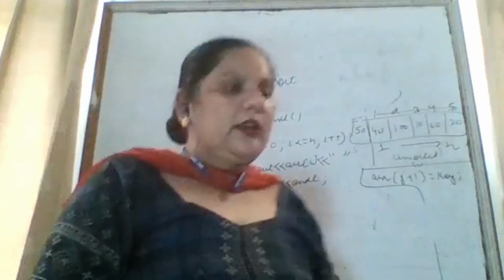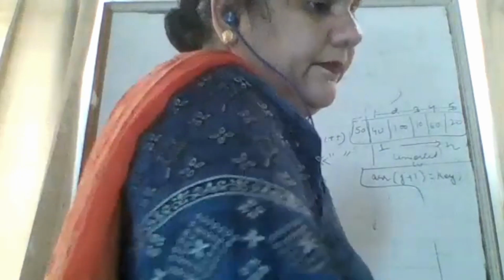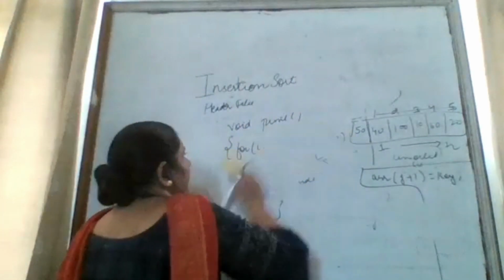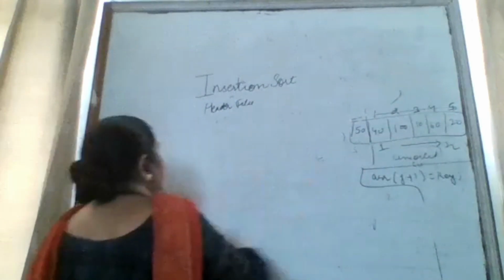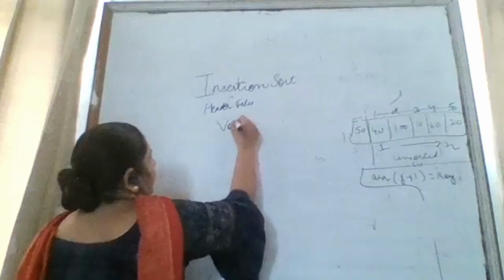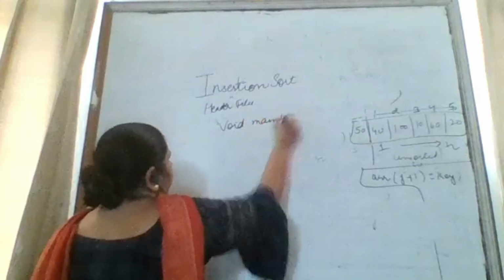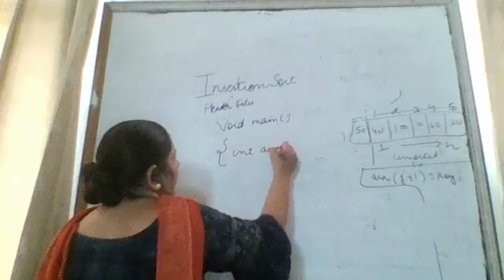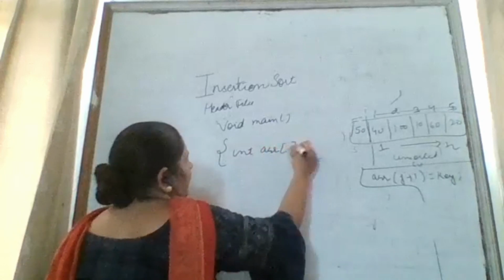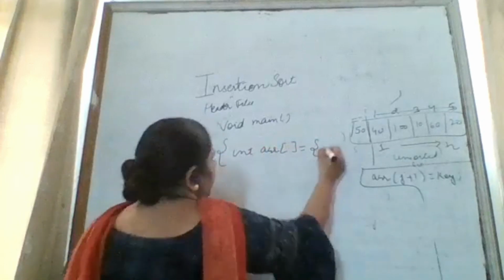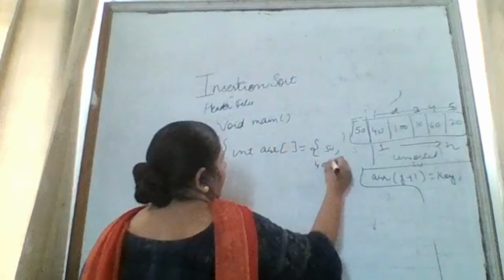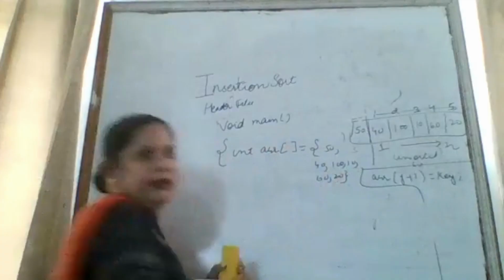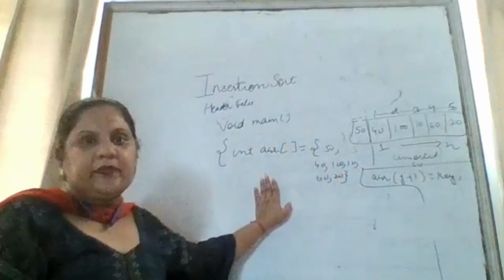Now let's do the main part. So void main, take the integer array, then you may write is equal to this, put the elements 50, 40, 100, 10, 60, 20, and close this brace.